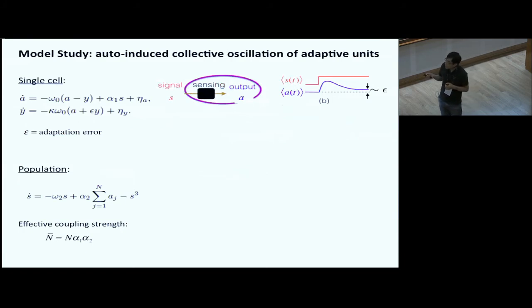For individual units, you can start with this very simple linear model I just explained. Then for the population, you can write down some kind of dissipative dynamics, including the coupling through this thermodynamic potential with the cellular variable A. If you have a population of n cells, then each cell will contribute a term like this to the dynamics of this signal concentration in the environment.